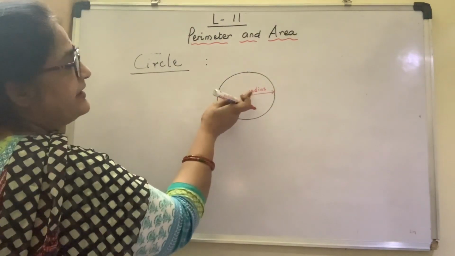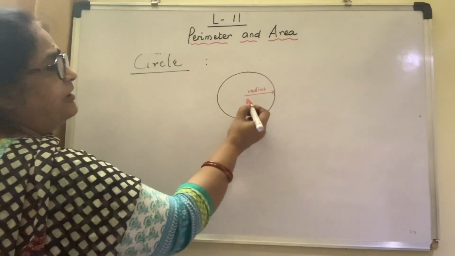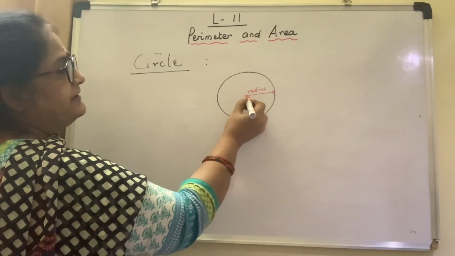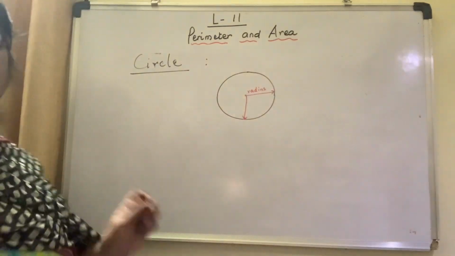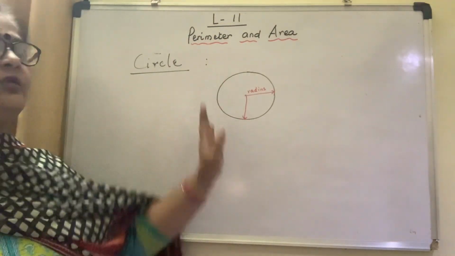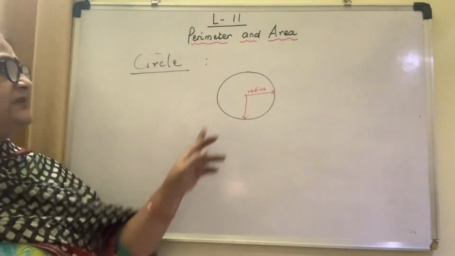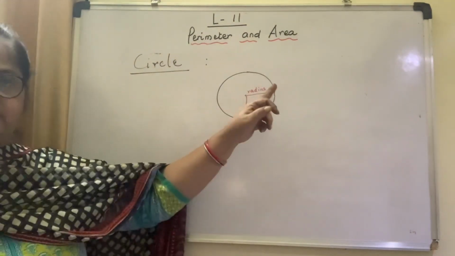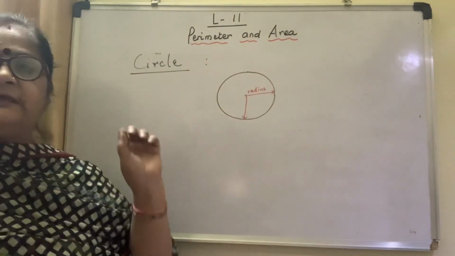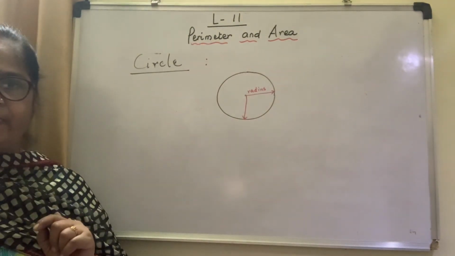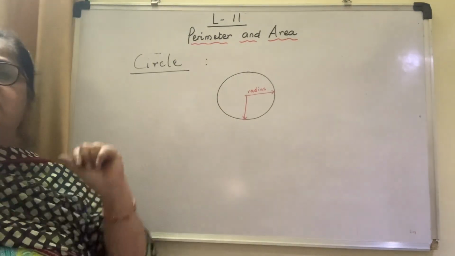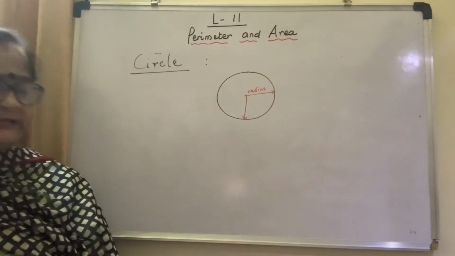So the radius at any point of the circle, from the center to any boundary, is always equal. So we say the boundary of the circle is at equal distance from the center. Okay, this figure is known as a circle.